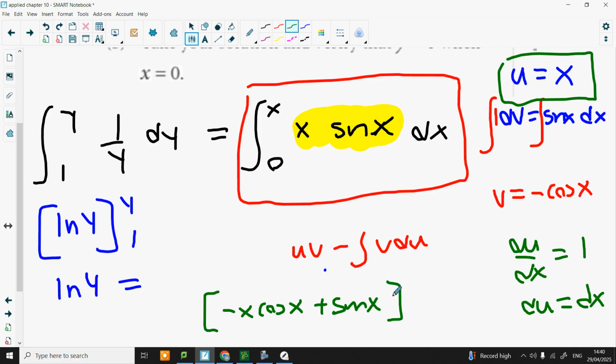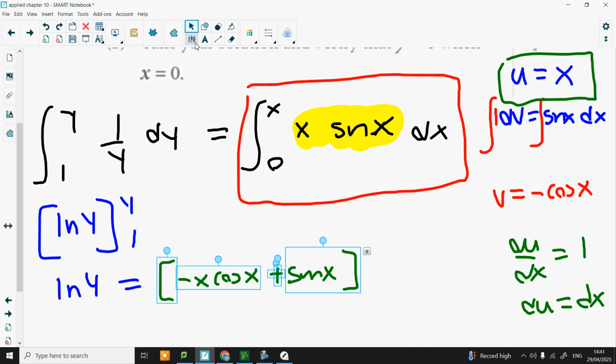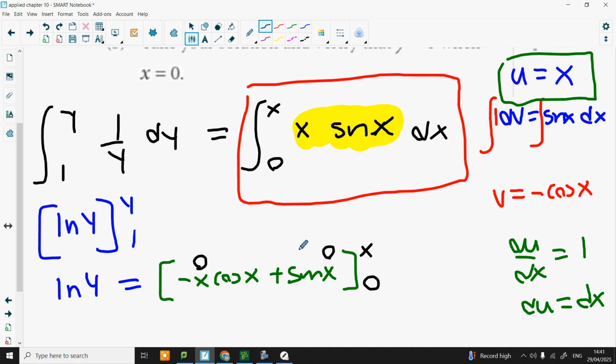We got that. Now, we've got to put those limits on it now, don't I? What were the two limits we were looking at earlier? X and 0, wasn't it? Lucky enough for us, the 0 one's just going to wipe it all out. Because the 0 will wipe that out, and it'll be sin 0 at the same time. It'll just be the x value we just had to sub in, which is already done.